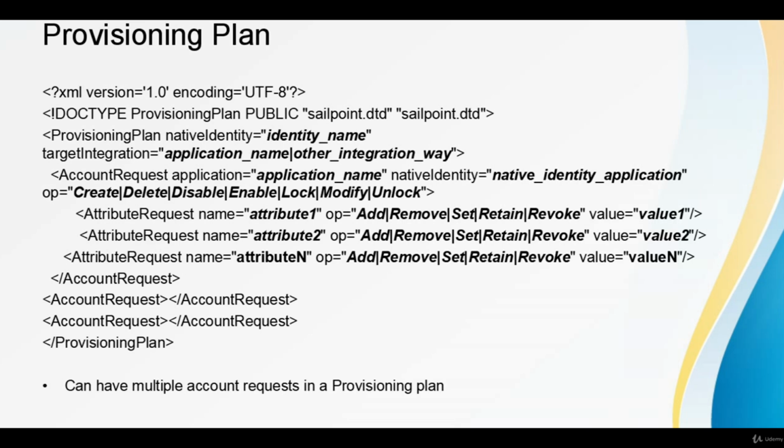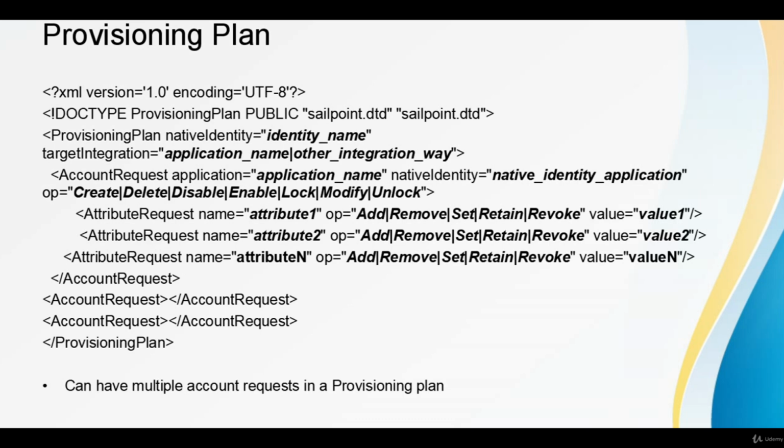So in all those ways of raising a provisioning request, SailPoint creates the provisioning plan for you, but there is no restriction that you cannot create your own provisioning plan by your code.